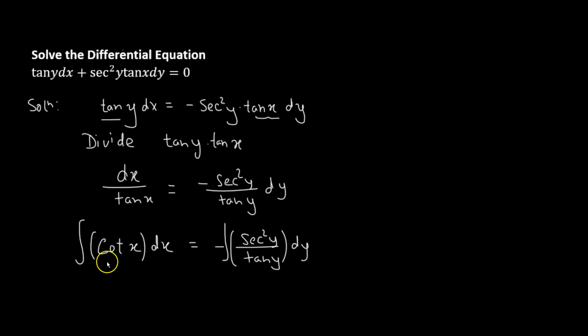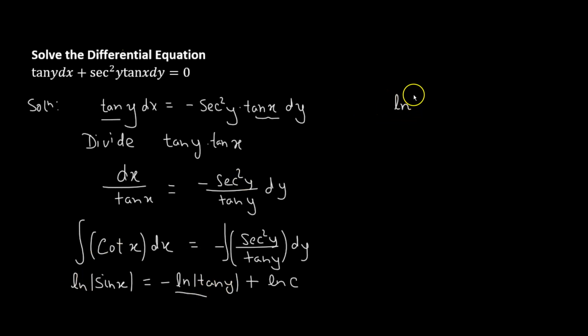The integration of cotangent of x is simply natural log of sine x equals negative. For the integral on the right hand side, we need to use the method of substitution to get natural log of the denominator, which is tangent of y, plus some constant of integration, but everything being in log, we'll take natural log of c. Now we bring the first term on the right hand side to the left hand side.